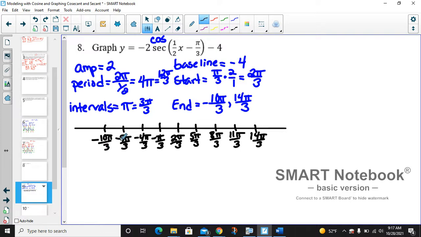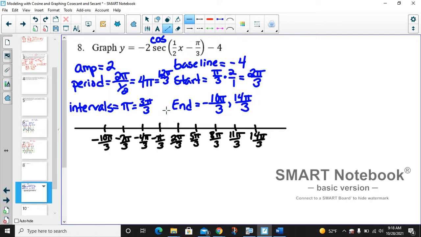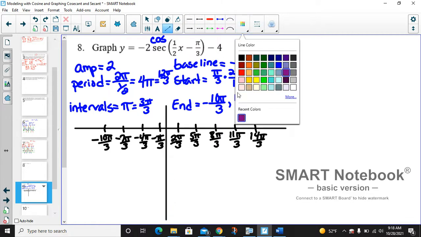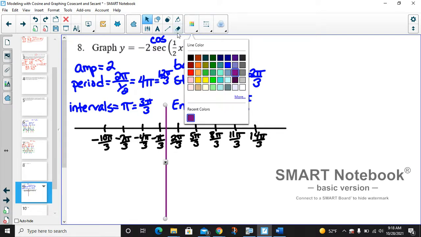Now, 0 is not on here. Of course, we know 0 lies between a negative and a positive number. So I'll put my y-axis on here. It'd be hard for you to do it if you have pens or colored markers, you could, but I'm going to make this a different color, just so that we remember not to put a point on it.